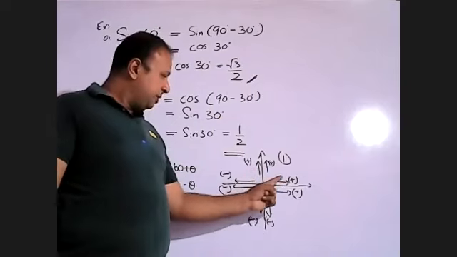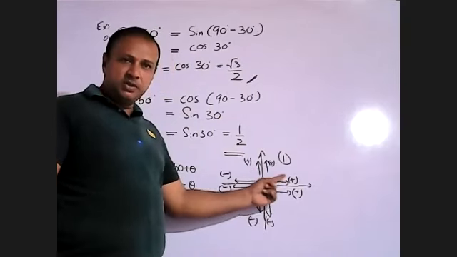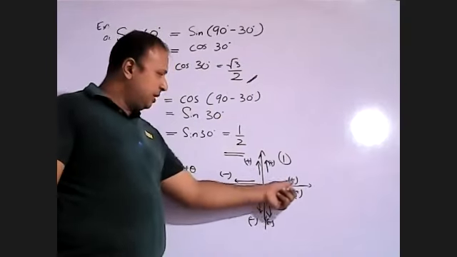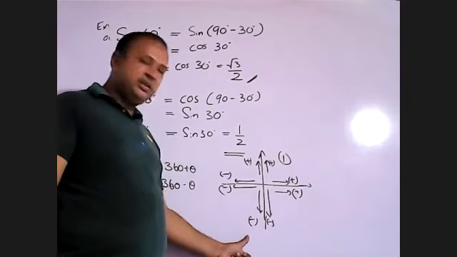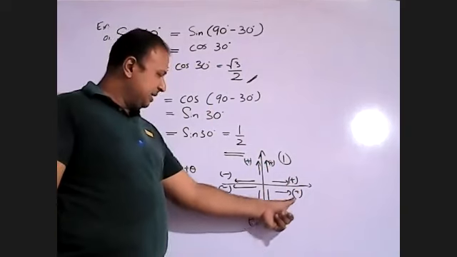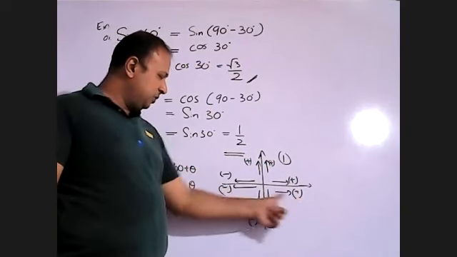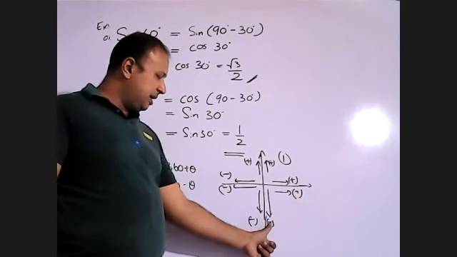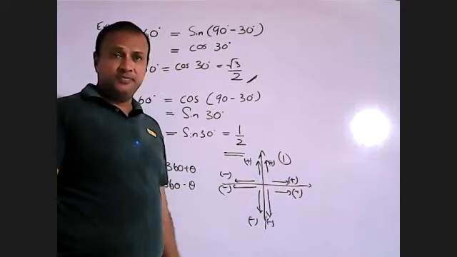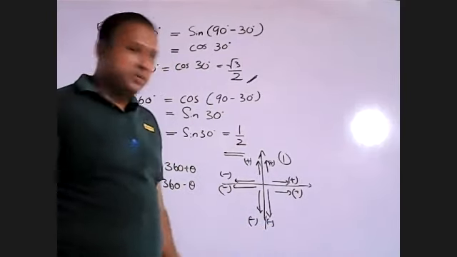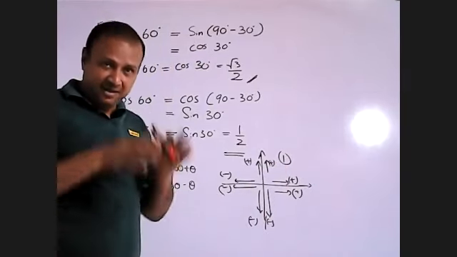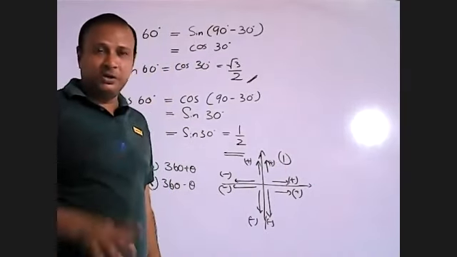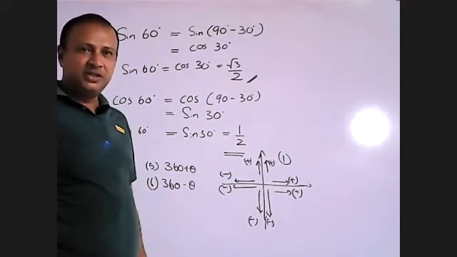Here x is positive, here x is negative. That means cos theta positive, cos theta negative, sin theta positive, sin theta negative. Cos theta positive, cos theta negative, sin theta negative, sin theta positive. You can use that to memorize the positiveness and negativeness.